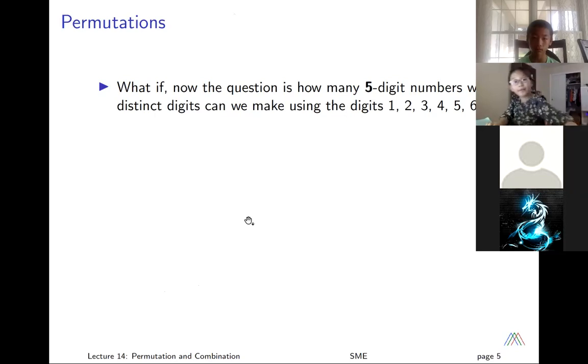Basically, I like to think of it as there are 5 places, 5 digits you can use.